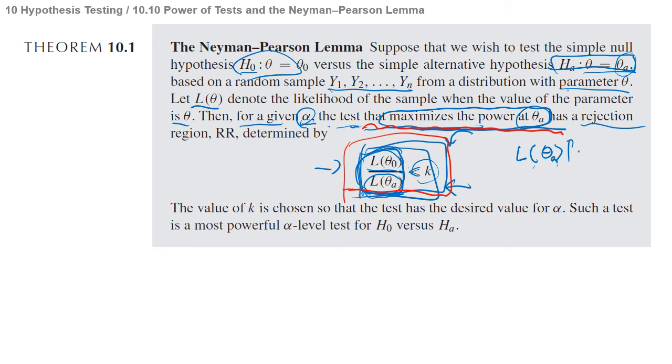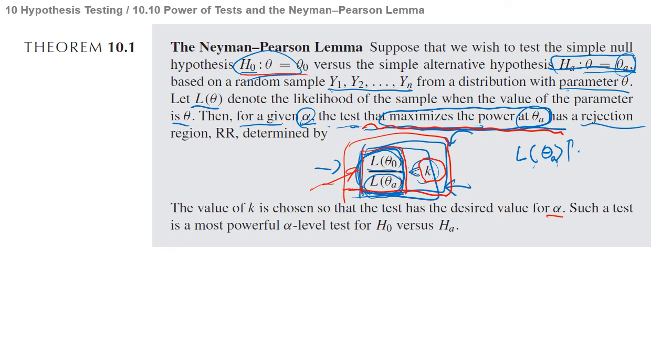The value of k is chosen so that the test has the desired value for alpha. So if we find the distribution related to this test statistic, then we can calculate the value k using the underlying null distribution.